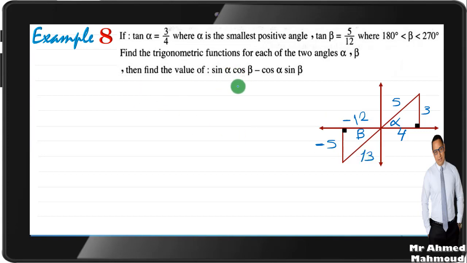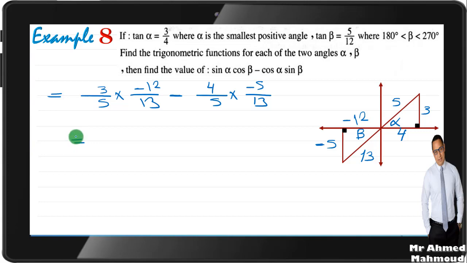Now I have drawn alpha and beta, I can find this one. So this one equals sine alpha, 3 over 5, times cosine beta, adjacent over hypotenuse, negative 12 over 13, minus cosine alpha, adjacent over hypotenuse, 4 over 5, times sine beta, opposite over hypotenuse, negative 5 over 13.